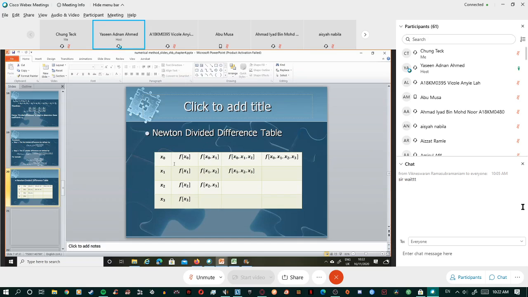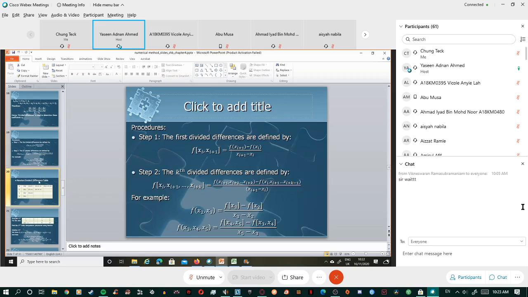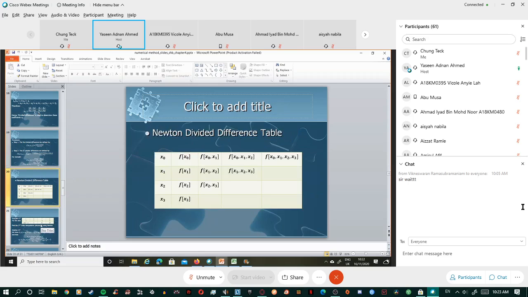Okay, when we create the table, this coefficient here is totally making problems. Okay.